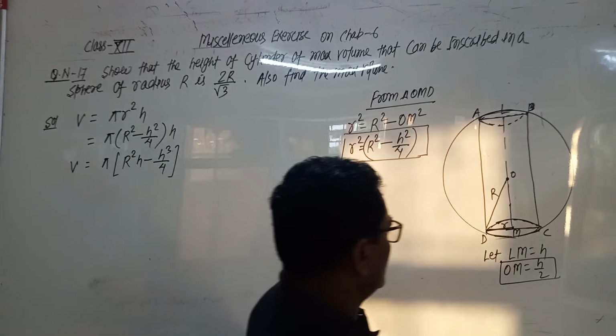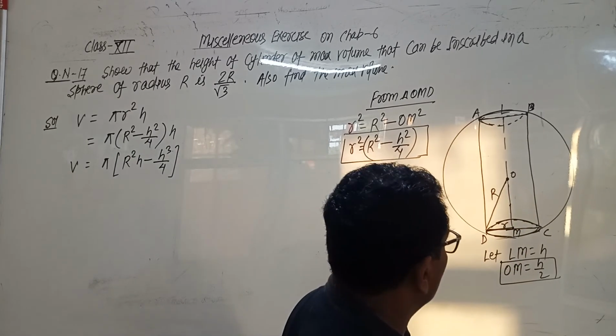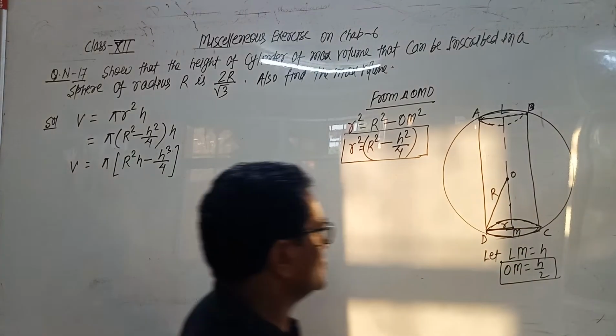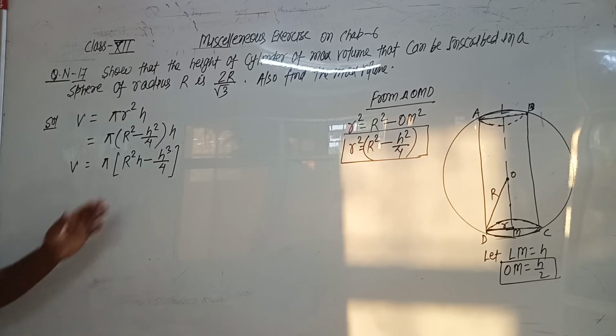Now capital R is already given, and the height we have supposed. So we differentiate with respect to the height because R is constant. Why is R constant? Because the radius R is given in the question.